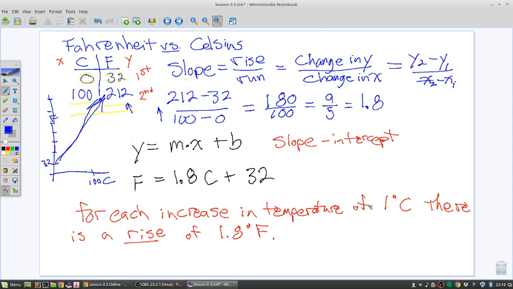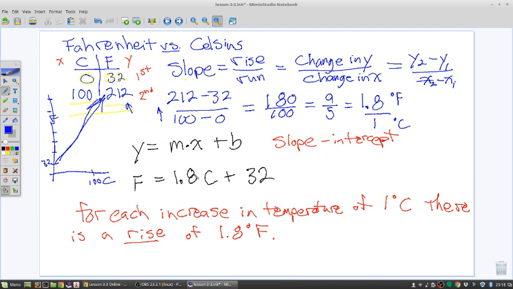And we can look at the slope either way. As far as the 1.8 goes, slope is a fraction, so I would rewrite that as 1.8 over 1. Remember, 1.8 came from the Fahrenheit, so that would be degrees Fahrenheit change, and the 1 or 5 or 100 came from the Celsius, so that's degrees Celsius.